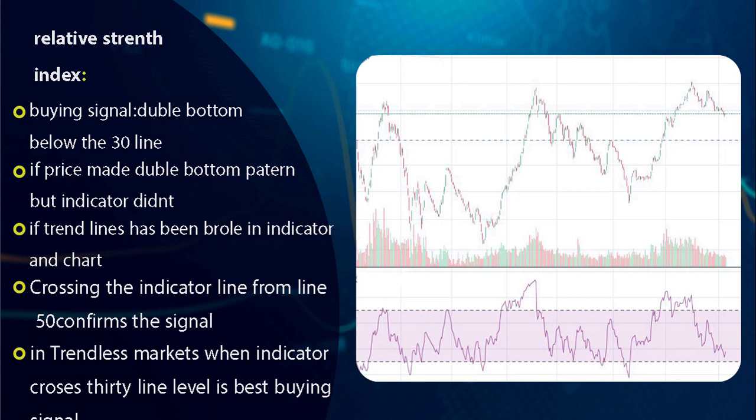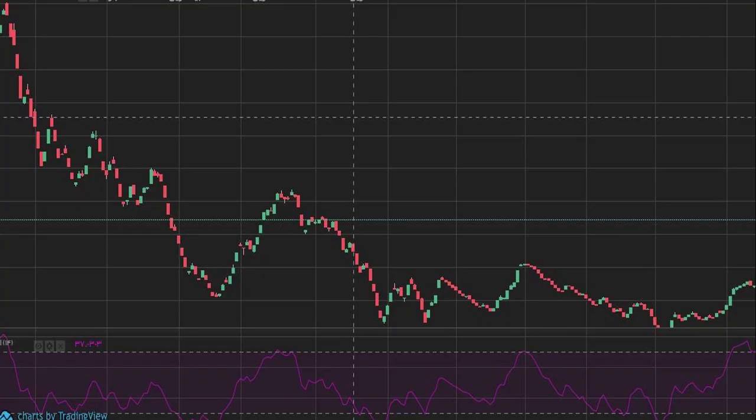When we have a double bottom below the 30 line, for example, I don't have the same thing here, but at this point, we have a double bottom here.